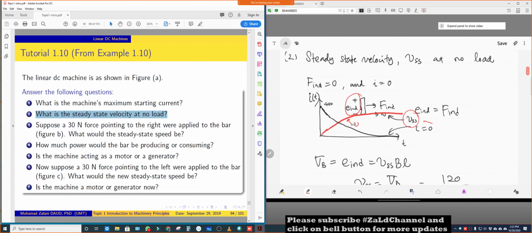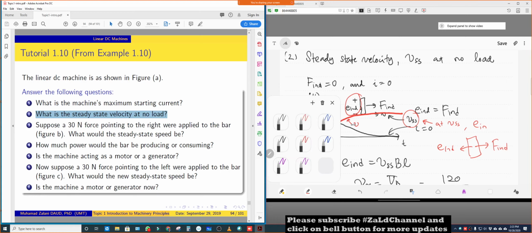At VSS, we know that it achieves a state of equilibrium, which is balance, meaning that the induced force to the right is now balanced by the induced voltage.